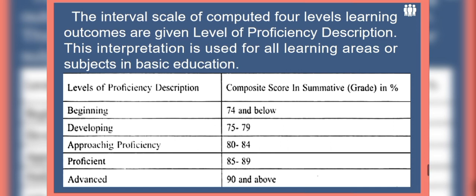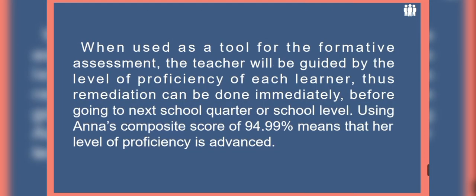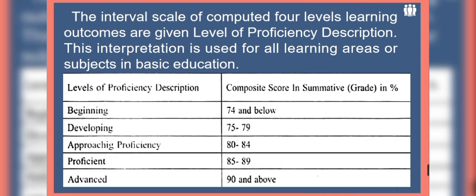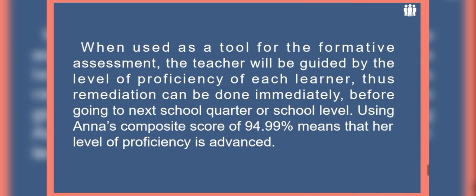In this slide, it is a continuation about the interval scale. When used as a tool for formative assessment, the teacher will be guided by the level of proficiency of each learner, so that remediation can be done immediately before going to the next school quarter or school level.